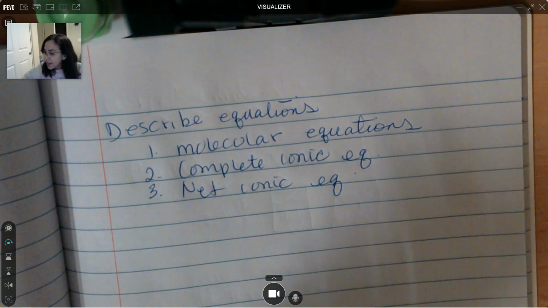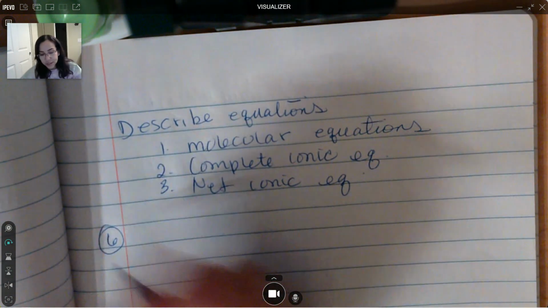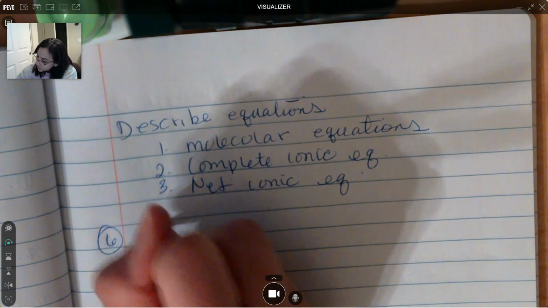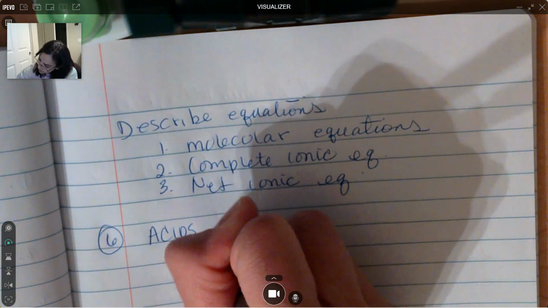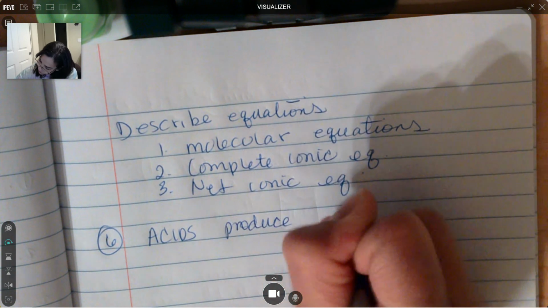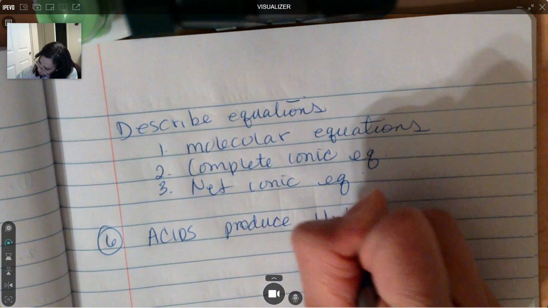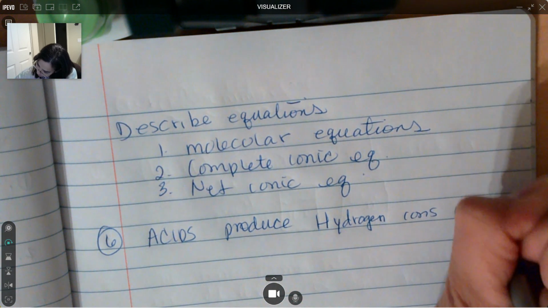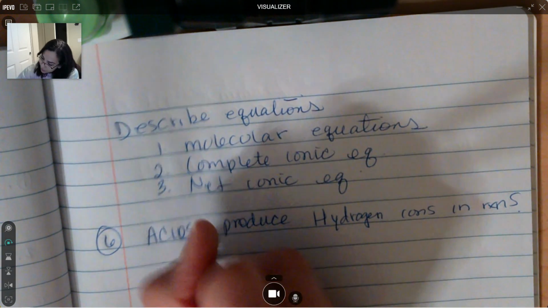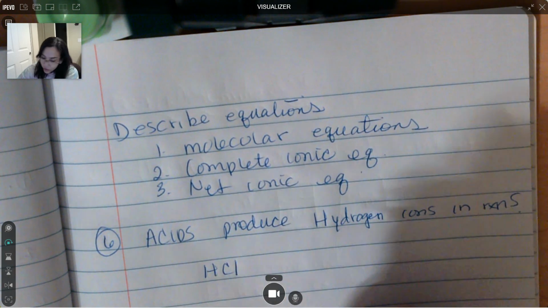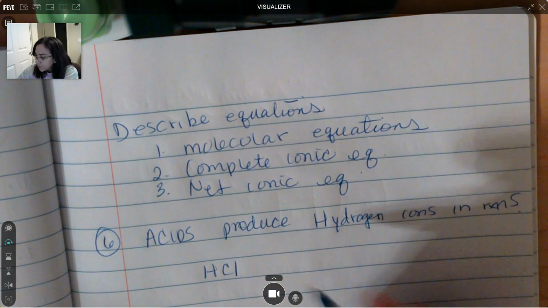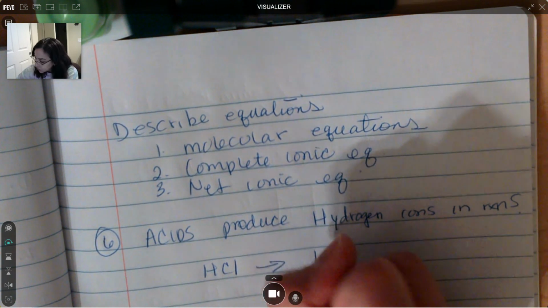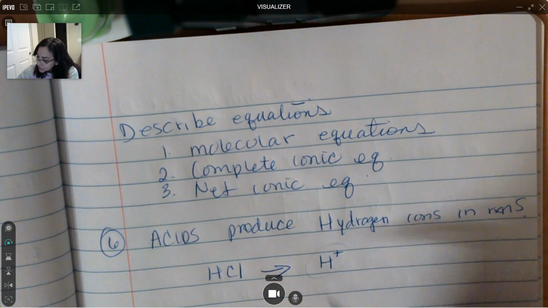And last but not least, acids produce hydrogen ions in reactions. So for example, if you have hydrochloric acid, when you break it apart in its aqueous form, you're going to produce hydrogen ions and chloride ions.